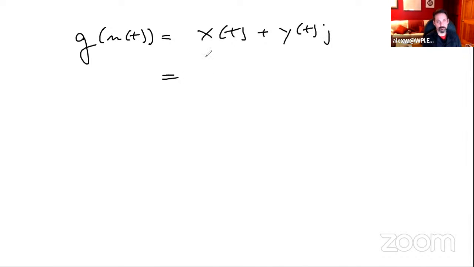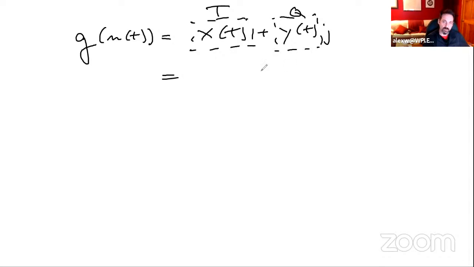This is equal to, so remember, folks, this is your in-phase component, and this is your quadrature component. So this is what gets mapped over to your signal constellation diagram. So what this is equal to is AC plus AC.